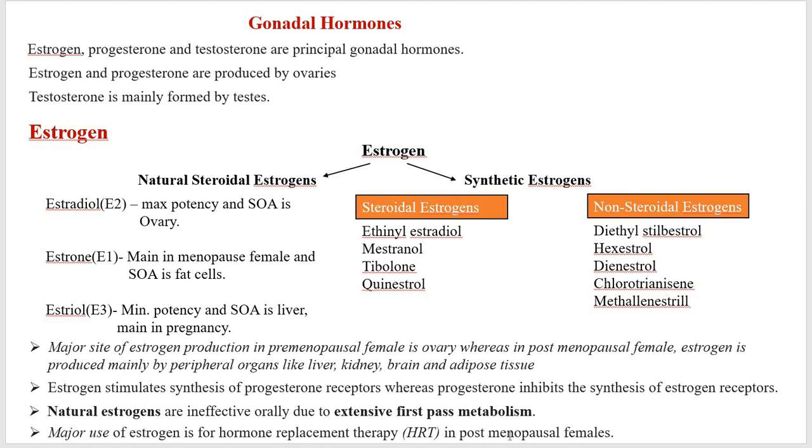To treat the complications related to less secretion of hormone, we give hormone replacement therapy. But if the complications occur due to excessive secretion of hormones, in those cases we are antagonizing, or decreasing the level of, those hormones. This is the basic and main strategy to treat any kind of endocrine related disorder.